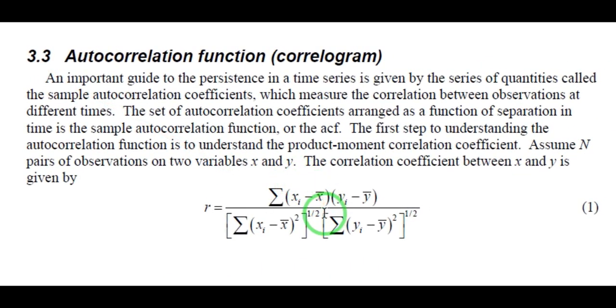And this was the formula that we introduced. You see here, we had the square root in the denominator, and we had the 2 different signals, x and y.